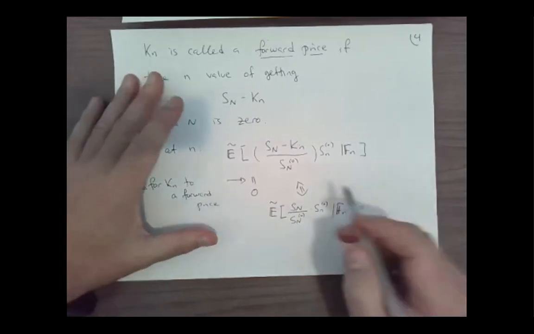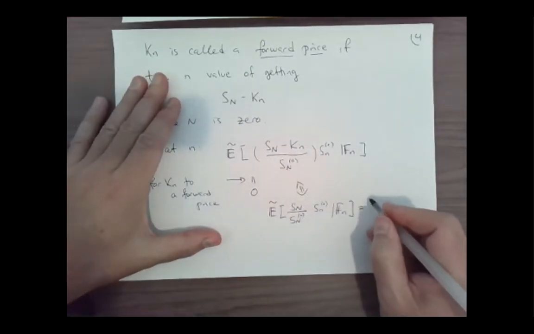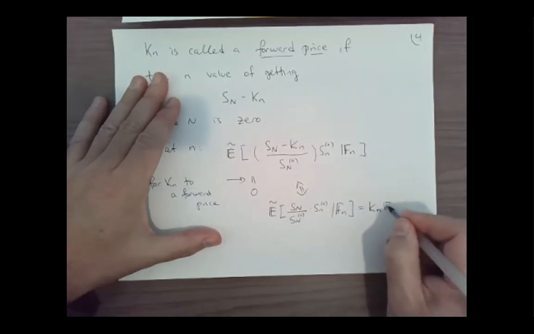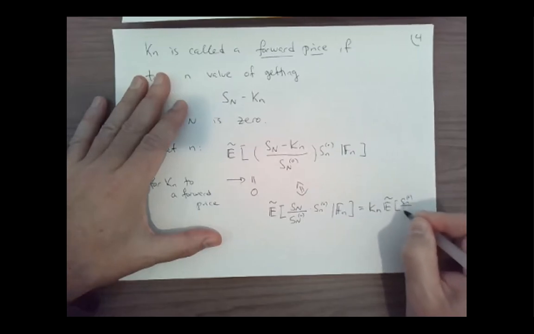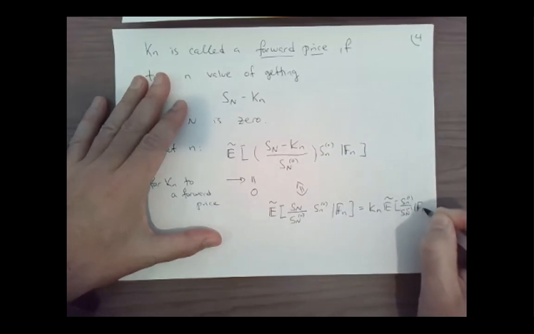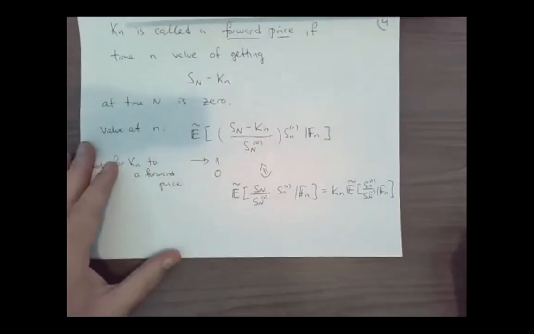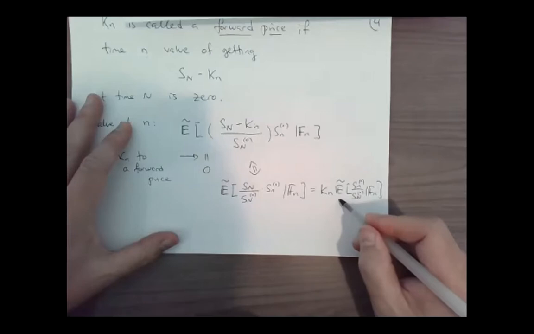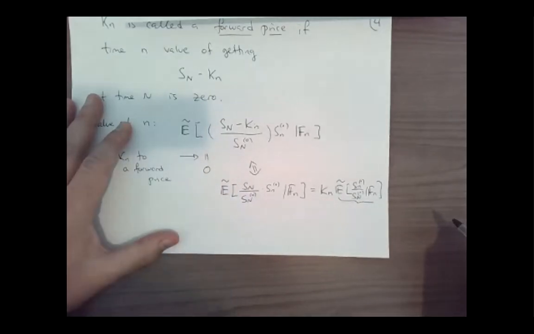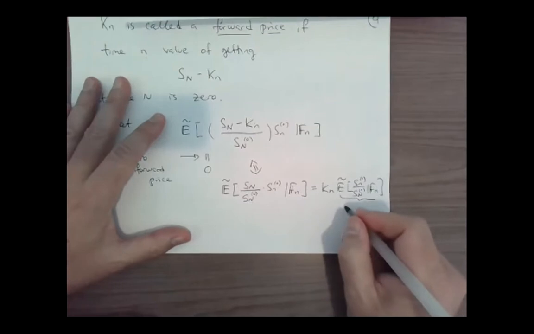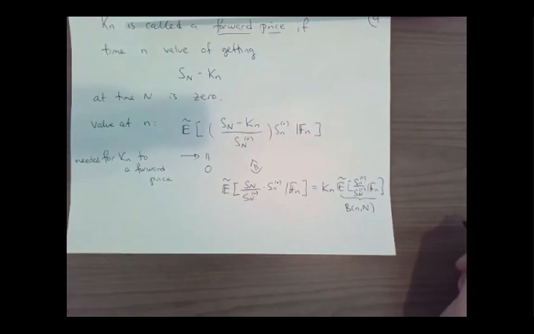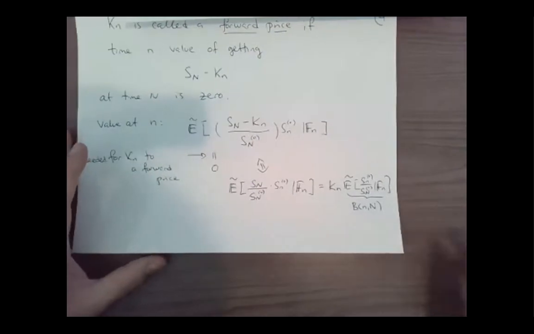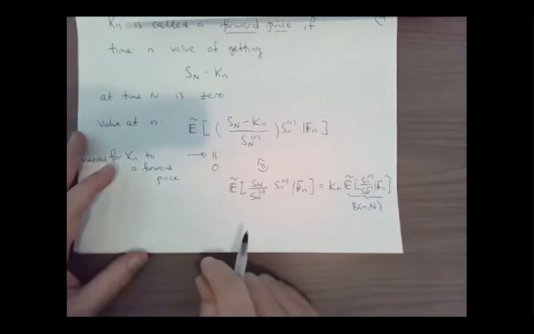What will that be? We move this to the other side. We get Kn and then an expectation of Sn0 or S capital N. And what I have here is my zero coupon bond price. So this gives me a formula for Kn.